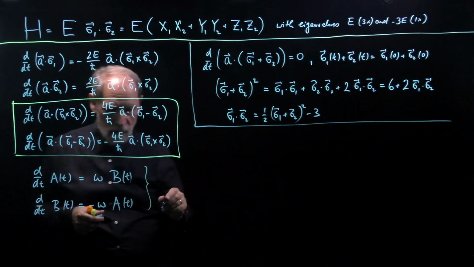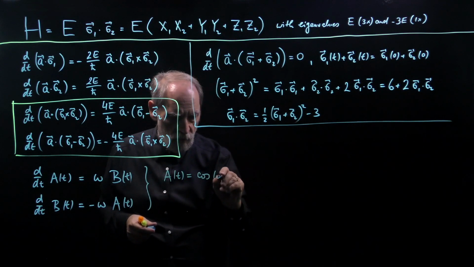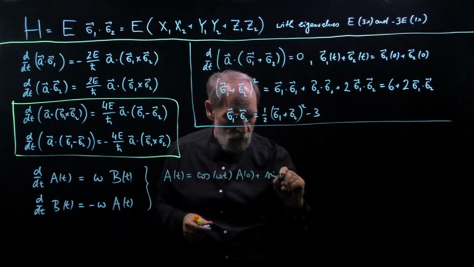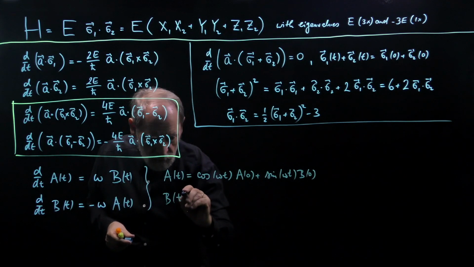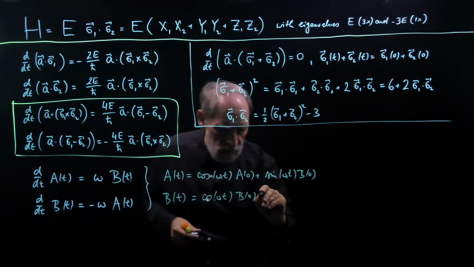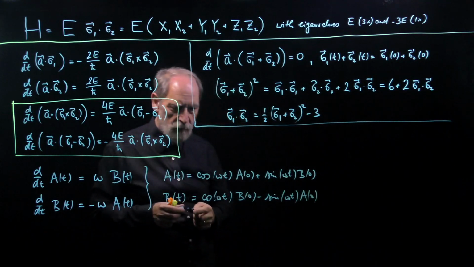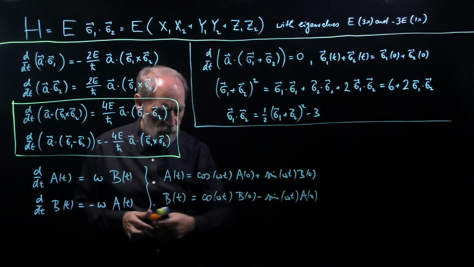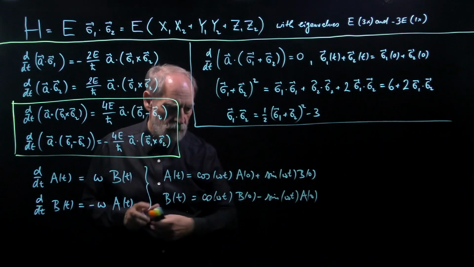We can just write down the solution as A of t is cosine omega t, A at 0 plus sine omega t, B at 0, and B at time t is cosine omega t, B at 0 minus sine omega t, A at 0, where we have made sure that at time equals 0, where the cosine is 1 and the sine is 0, we have A at 0 equals A of 0, B of 0 equals B of 0.